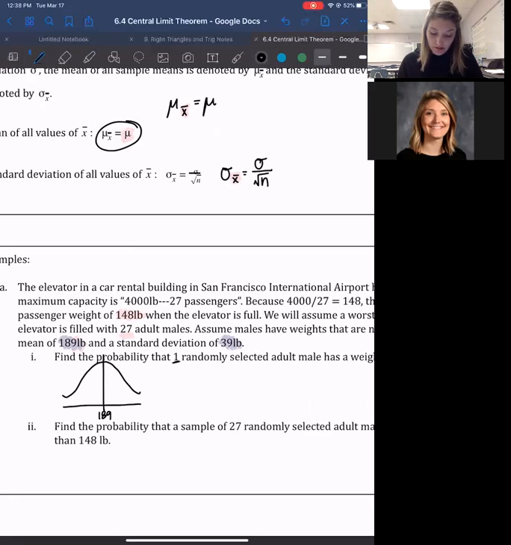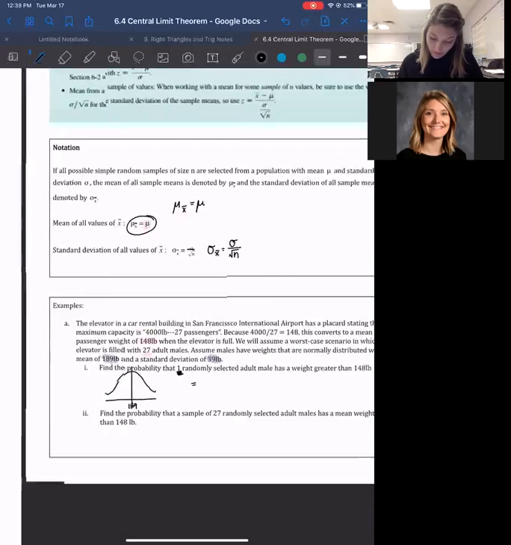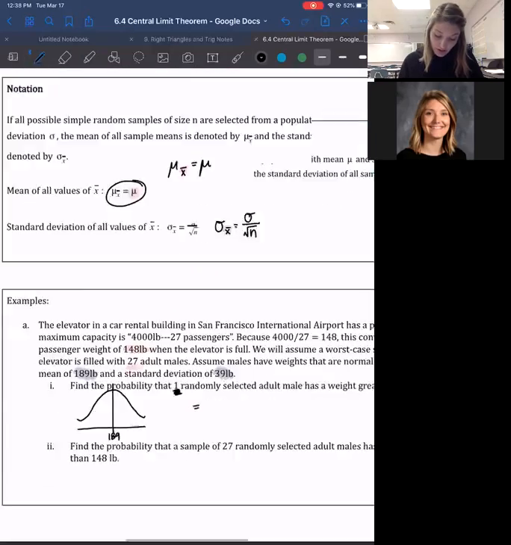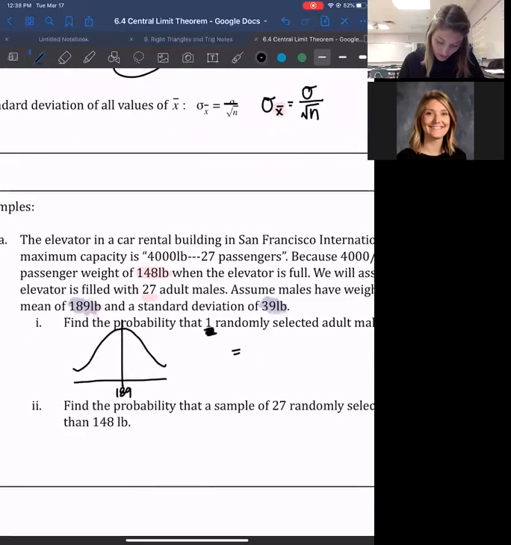Since this is just about one randomly selected adult male, we want to know if it's greater than 148. So 148 is going to be somewhere over here, and we're looking for this area to the right because it said greater than.